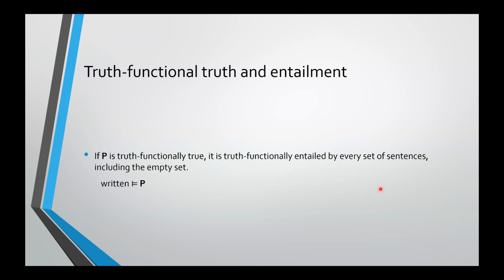And corresponding to this, if P is truth functionally true, it is truth functionally entailed by every set of sentences of SL. And that actually includes the empty set, right? The empty set, remember, is the set that has no members in it. So if P is truth functionally true, it is entailed by the empty set.